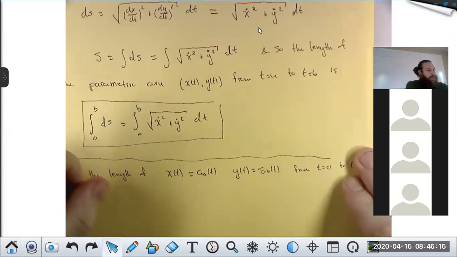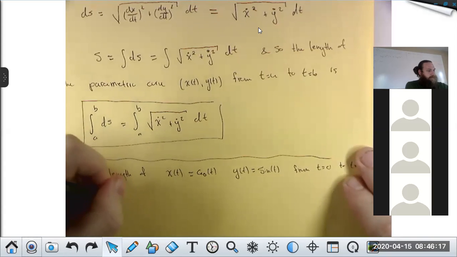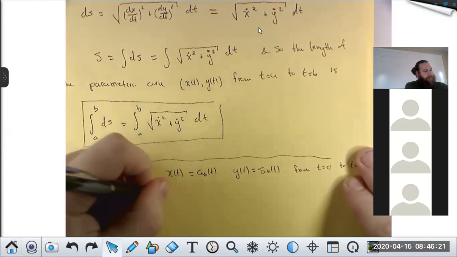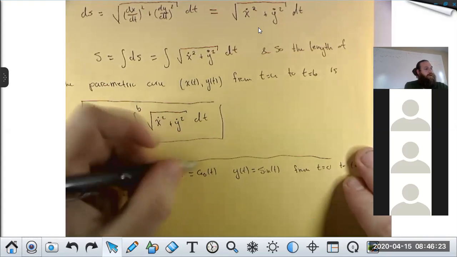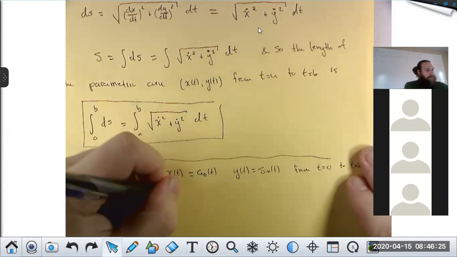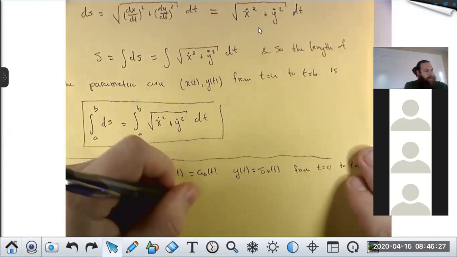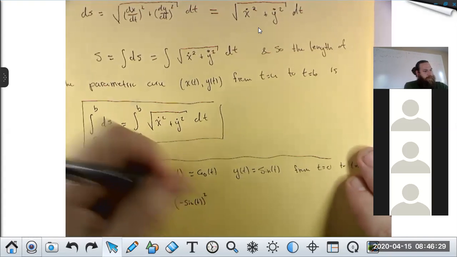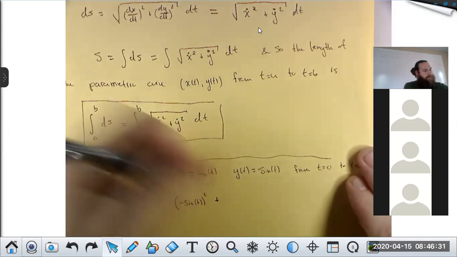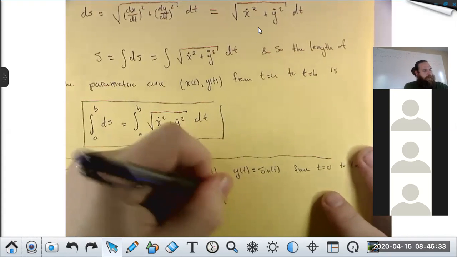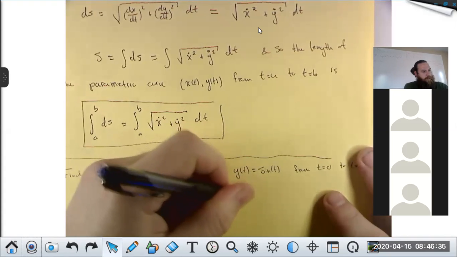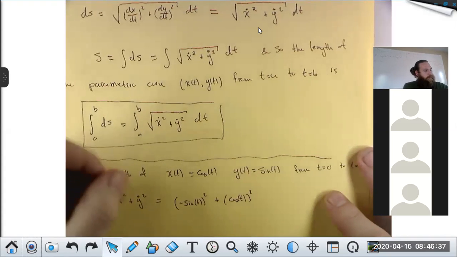I always like to calculate ds. It's x dot squared plus y dot squared. So what is x dot? Well, it's the derivative of cosine. So this is negative sine t all squared plus, and then y dot is the derivative of sine. That's cos t all squared.